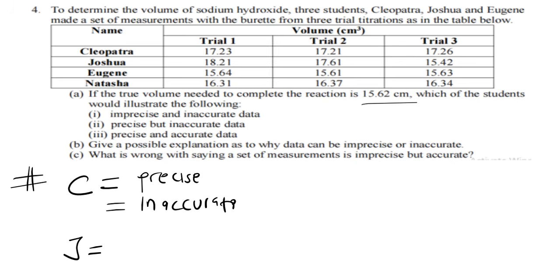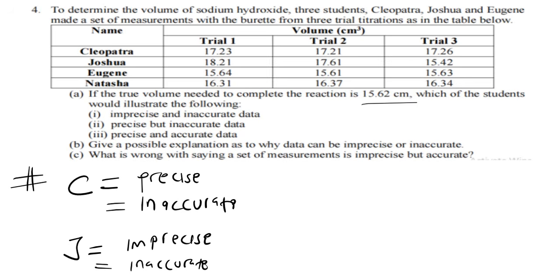The spread is very wide, so Joshua was imprecise. But when we comment on accuracy, we're able to see that it is inaccurate. Imprecise, inaccurate. So basically that.